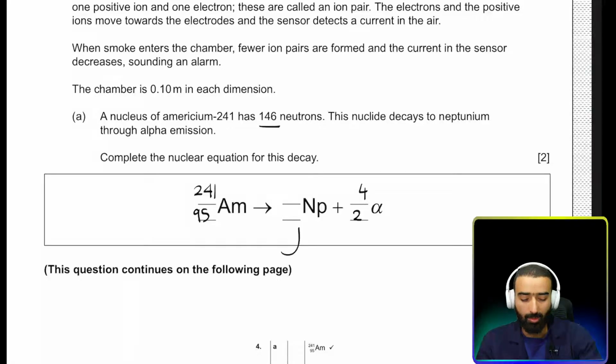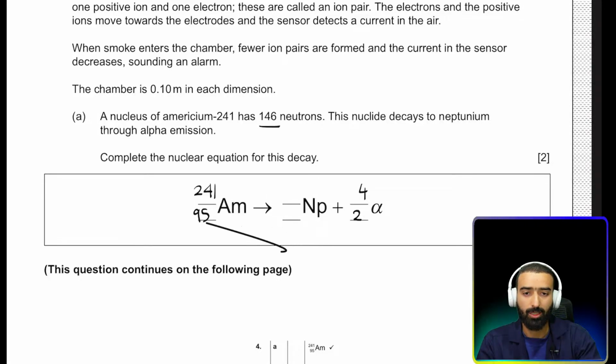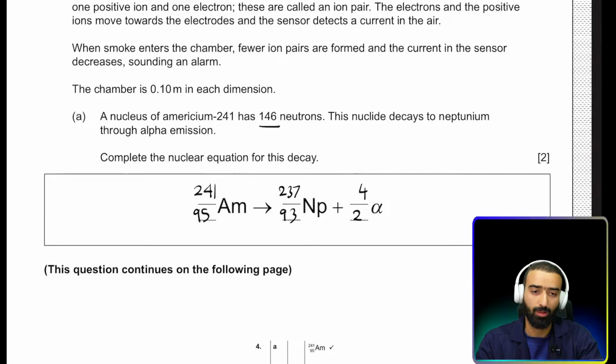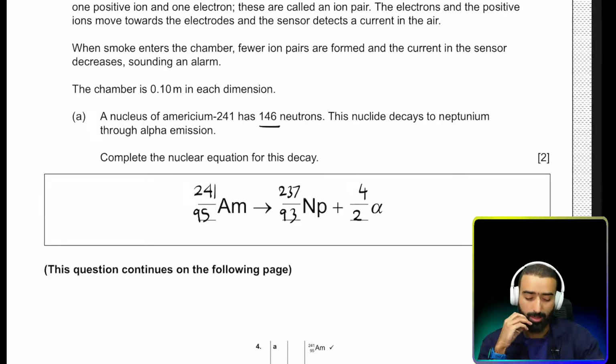So how many protons remain? We would do 95 minus 2, that's 93. And we would do 241 minus 4 to give us the nucleon number, that gives us 237. So that solves this problem.